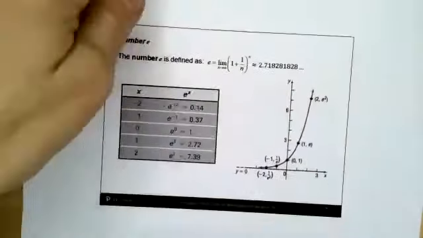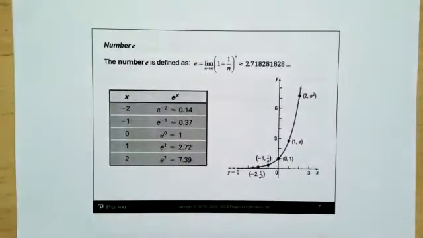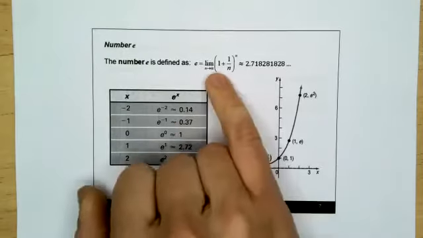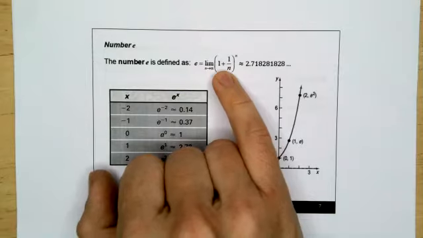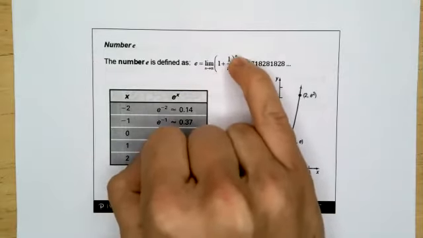The number e. The number e is defined as the limit as n approaches infinity of 1 plus 1 over n, raised to the power of n.